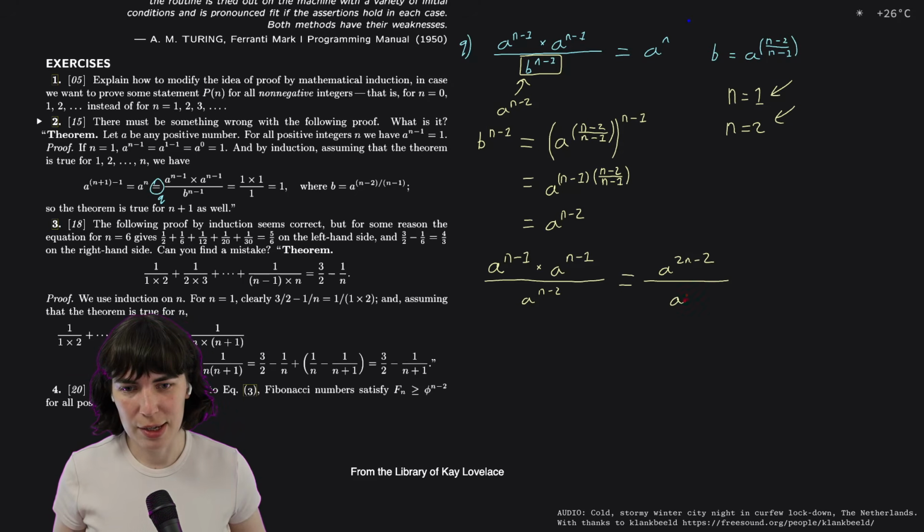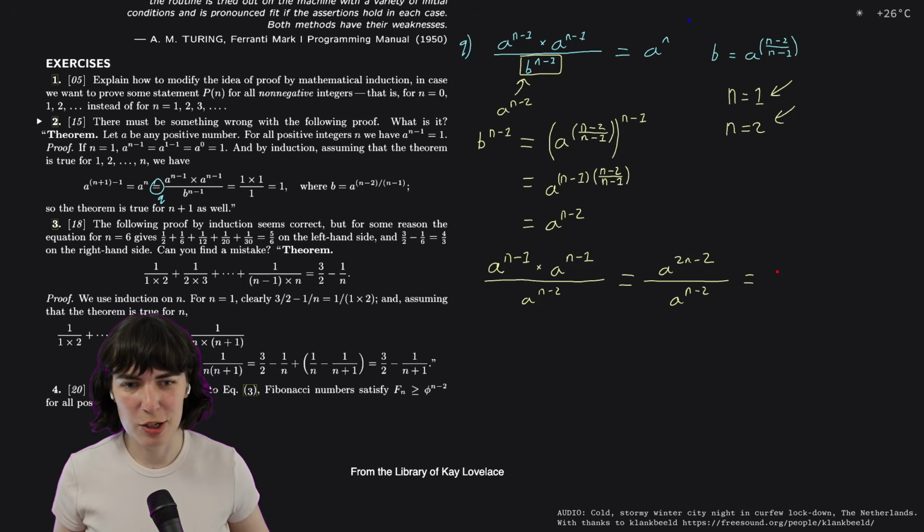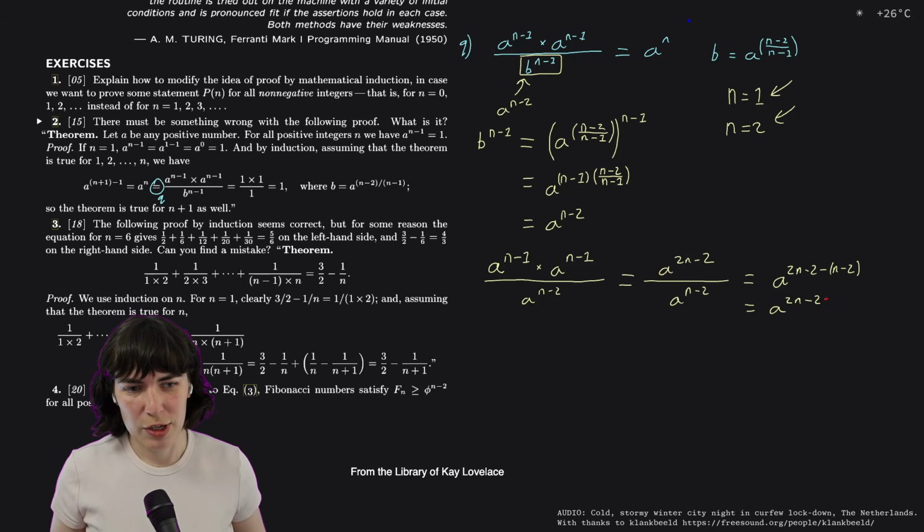And then we've still got our n minus 2 on the bottom. Now when we're dividing, we can subtract the exponents. So we end up here with a to the power 2n minus 2 minus n minus 2, which is going to end up being a to the power 2n minus 2 minus n plus 2.